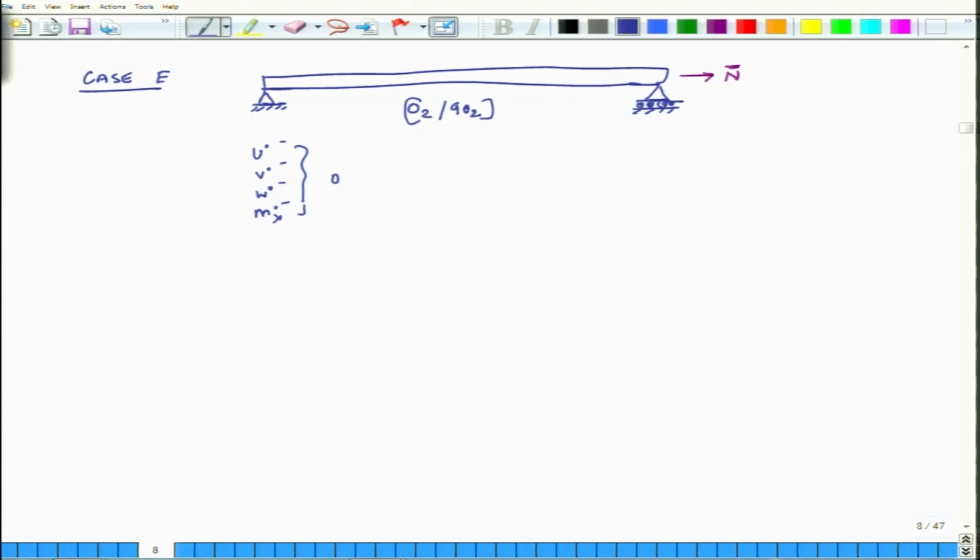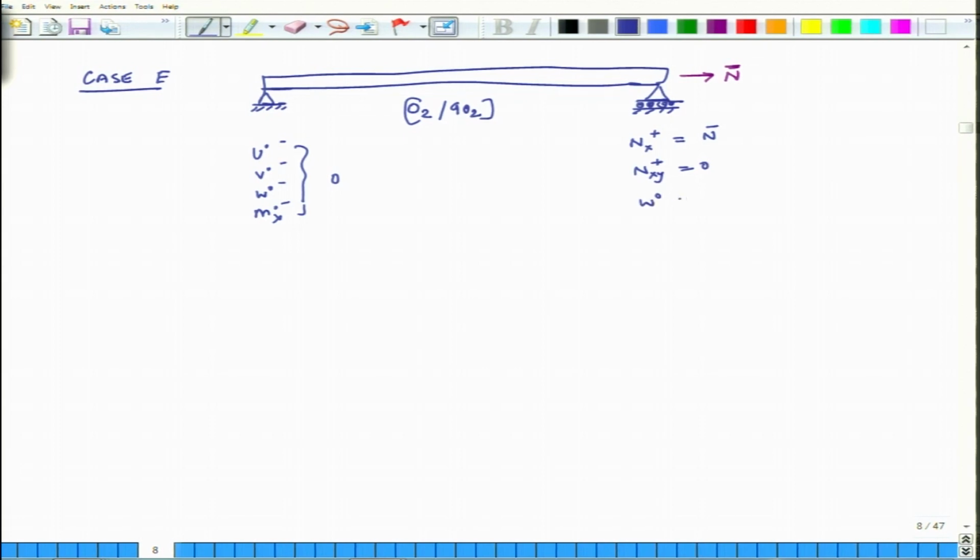And at the other end Nx plus is equal to N bar, which is known, Nxy plus is equal to 0, because I am not applying any external shear.